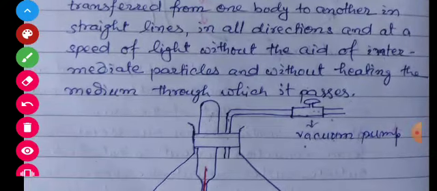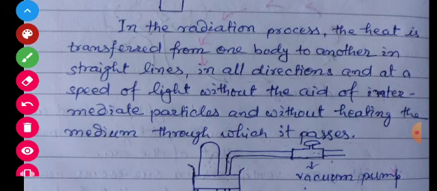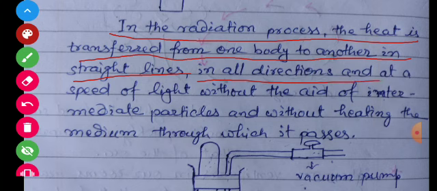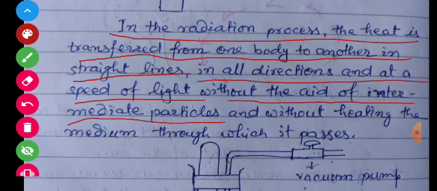Here you can see in this setup, and we'll discuss now. In the radiation process, the heat is transferred from one body to another in a straight line in all directions and at the speed of light, without the aid of intermediate particles and without heating the medium through which it passes.